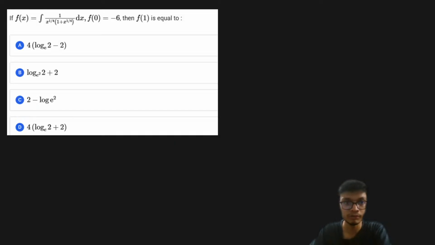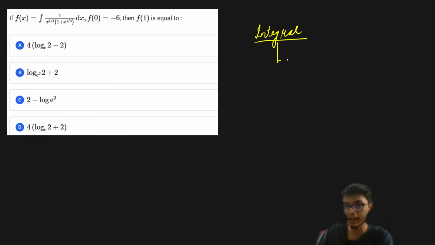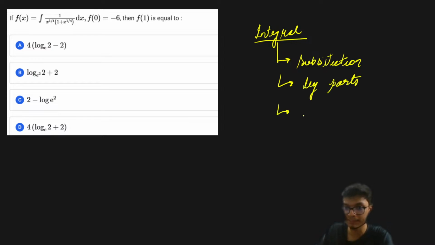So here is your very first problem on your screen. Okay. Now, before I move on to this particular chapter of integration, let me be very precise and clear that there are certain methods of integration, like integration by parts, like integration by substitution, okay, like by partial fraction.